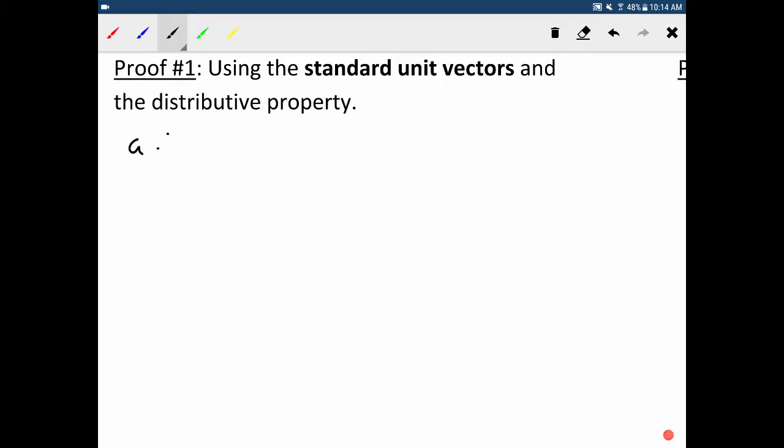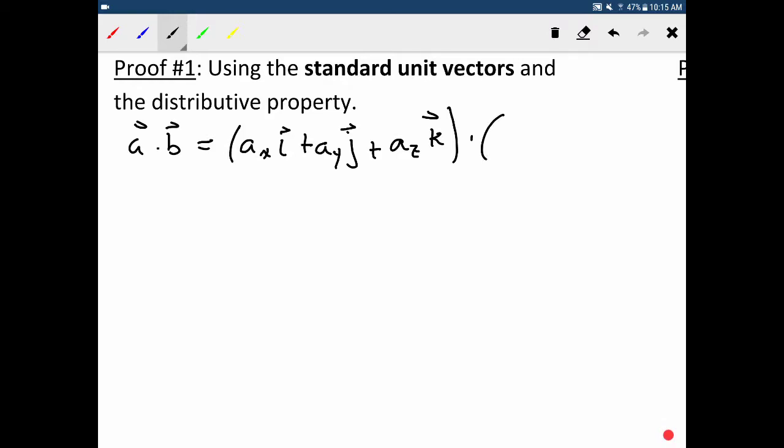So to do a dot b, we're going to say this is ax times i plus ay times j plus az times k, and I'm just going to do the dot product of that with bx i plus by j plus bz k.